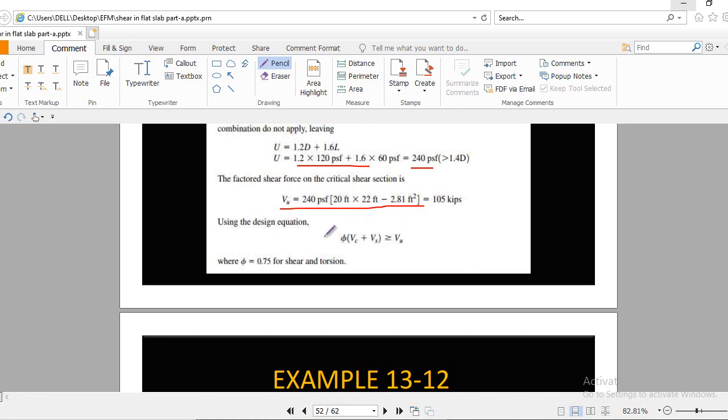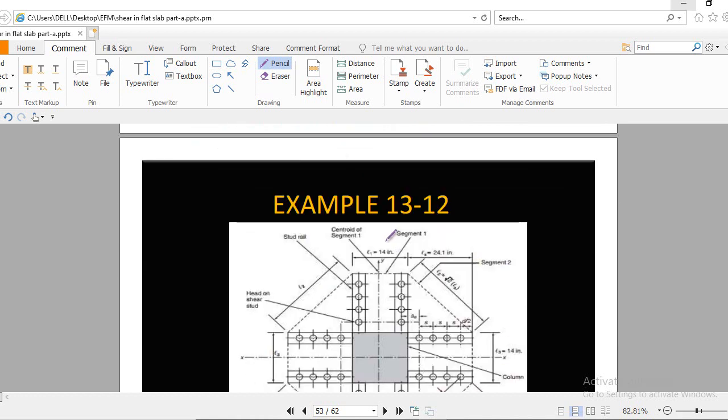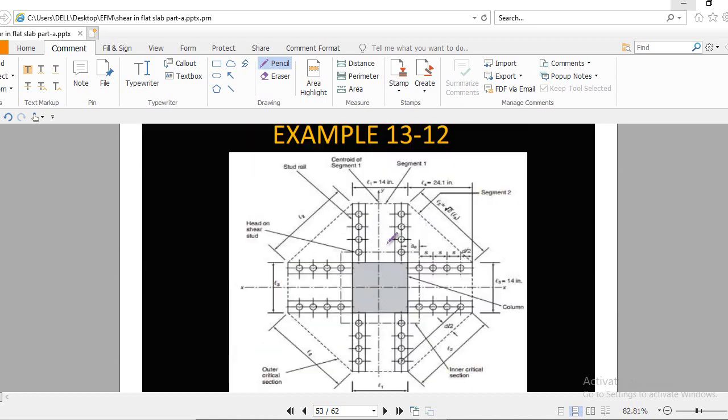Now you have to compare Vu against this equation. We know Vu, and phi Vc we already know. Vs for the time being, let's say, remember this will be the pattern in which we will provide our stud reinforcement.